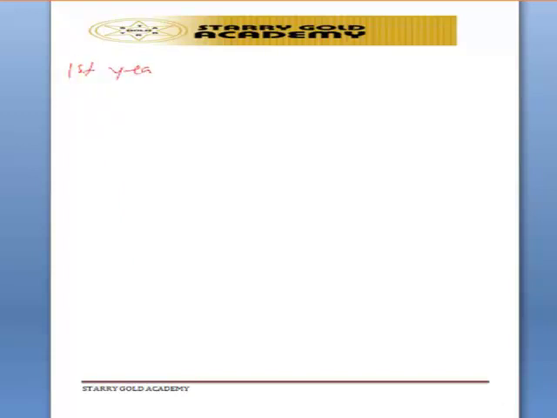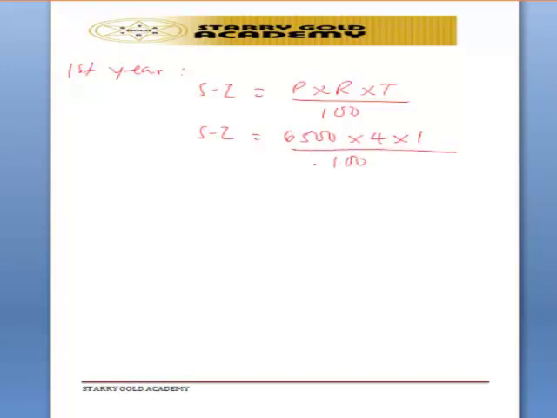My first year, simple interest is P times R times T over 100. Our simple interest for that will give me 650 times, my rate is 4, then time will be 1. That is first year over 100. So simple interest for that first year will give me 26. So second year now, like I told us in the formula, second year principal will now be what? 650 plus 26, and this is 676.